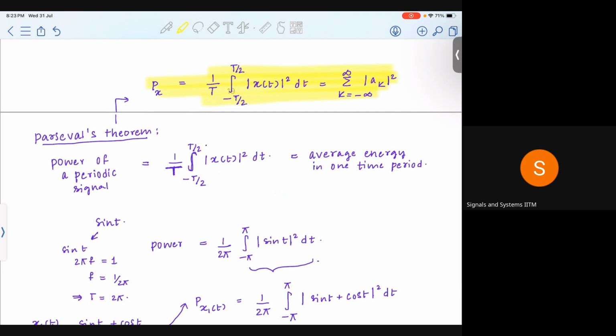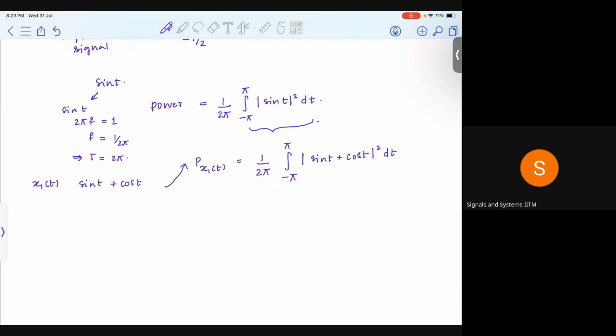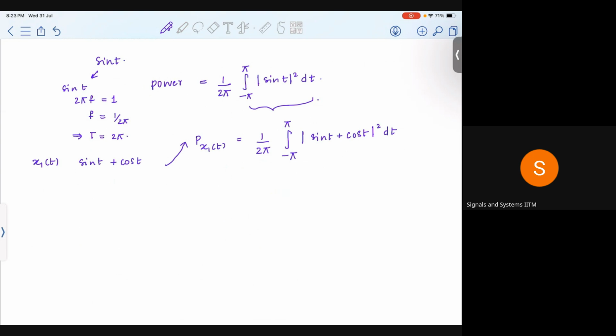Okay, so this is an important property or theorem. What Parseval's theorem states is the power of any periodic signal is just the sum of the squares of its Fourier series coefficients. So now using this, the integration can be easily simplified, right? Because we know sin t can be represented as e power jt minus e power minus jt by 2j.